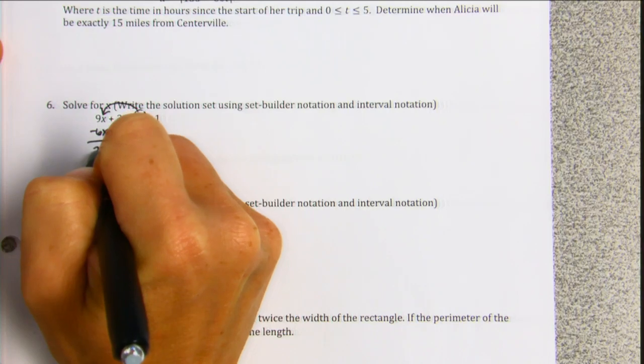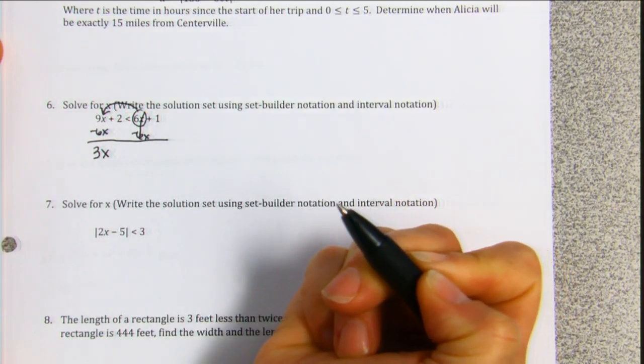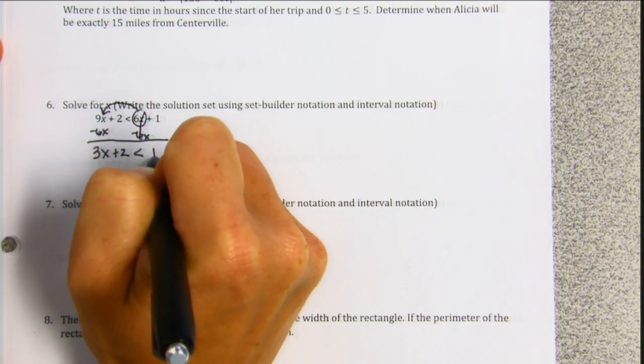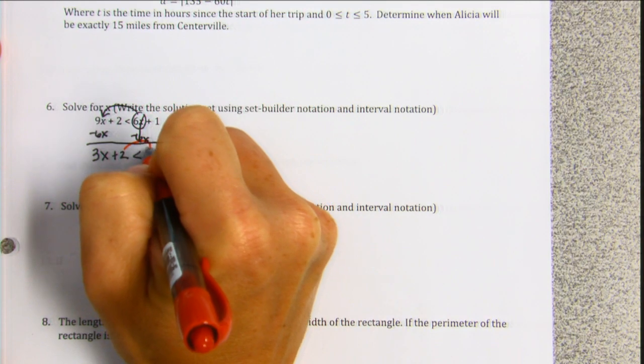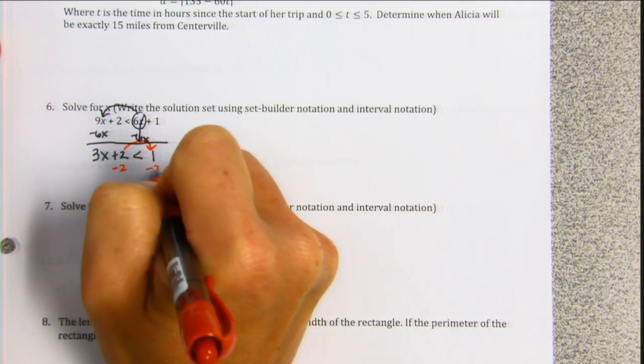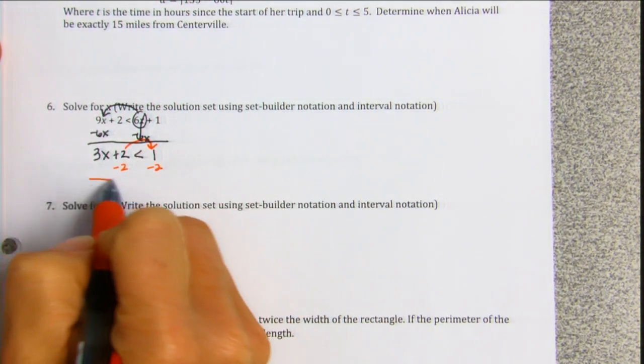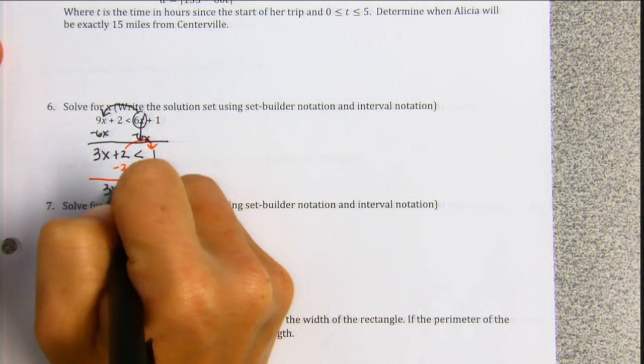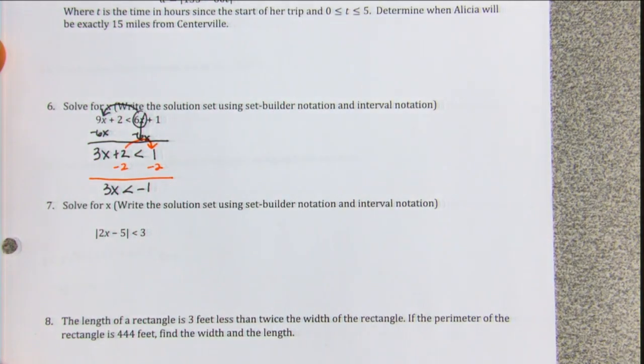So 9 minus 6 is 3x. I'll go ahead, since I have space, and rewrite plus 2 is less than 1. Then we would want to subtract 2 from both sides. So we have 3x is less than negative 1.